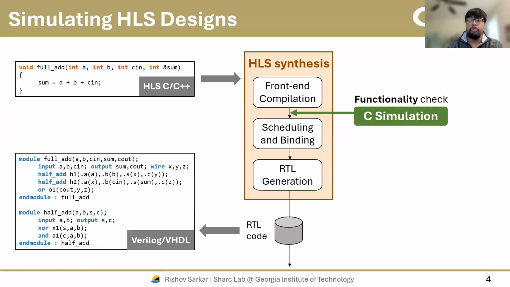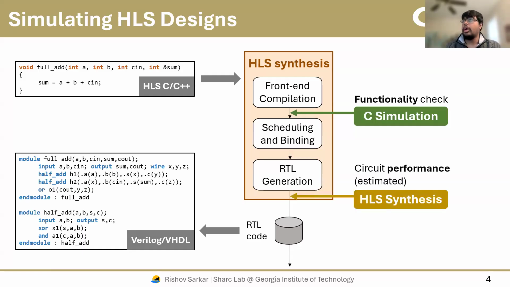It doesn't tell you anything about the performance of your design, right? Because the performance of your C code and the performance of the HLS output may not be directly correlated. You can have fast running C code that results in a really slow HLS design or vice versa. So with C simulation alone, there's really no way to tell how fast or slow your design is going to run.